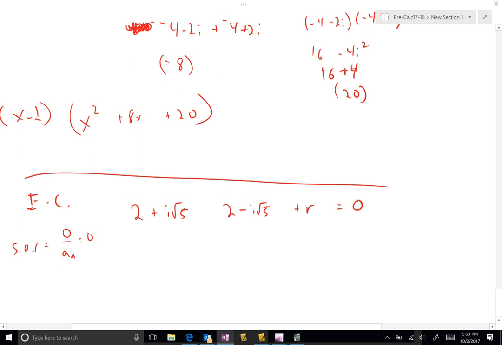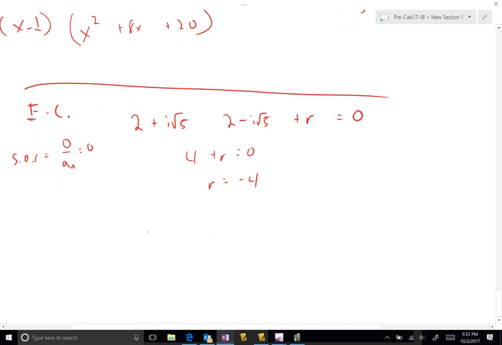So our sum of roots has got to equal 0. We'd get then that 4, the i's are going to cancel out, plus r equals 0. So r is going to equal negative 4. So one of our factors is x plus 4. And we need to find the remaining ones.